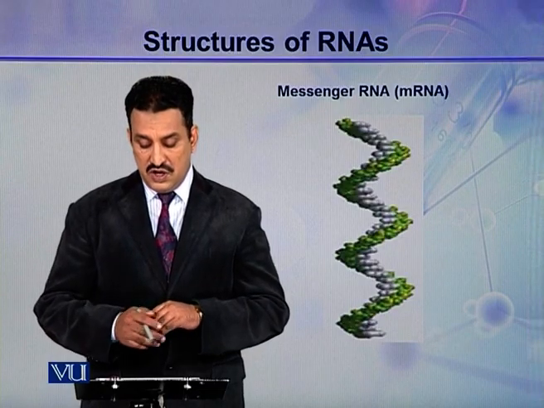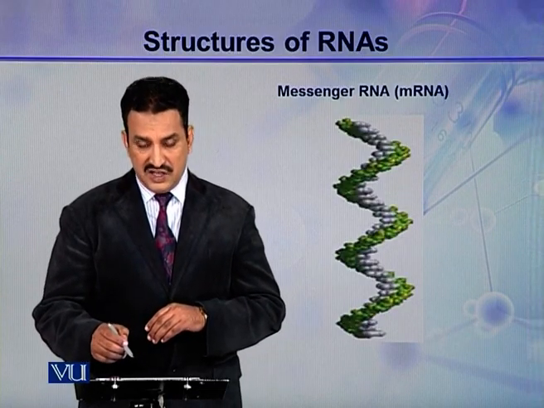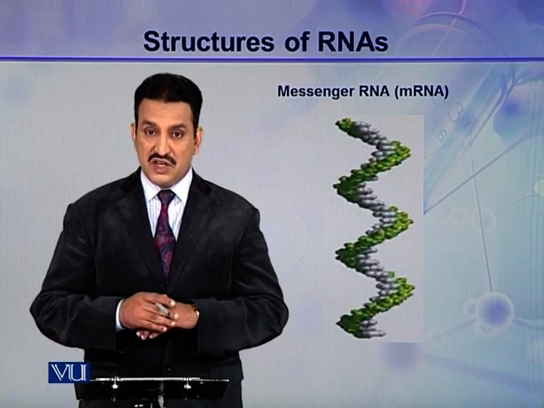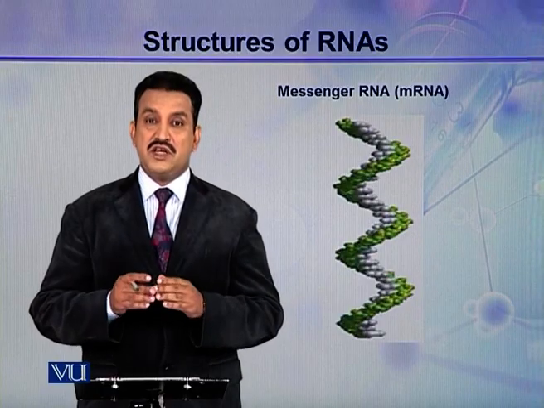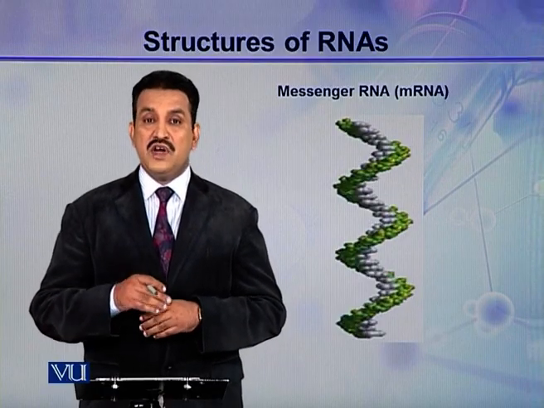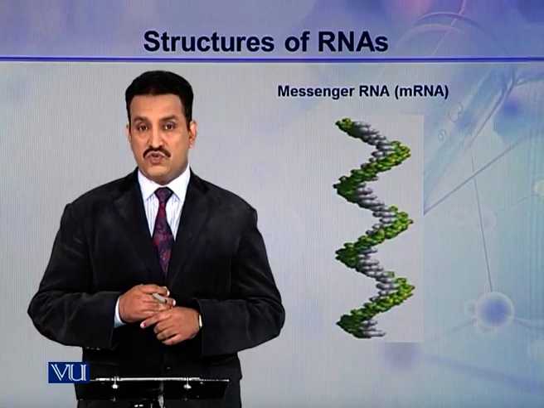In this structure, the white line is representing the nitrogenous bases, while this green line is representing the backbone consisting of ribose sugars and phosphoric acids.